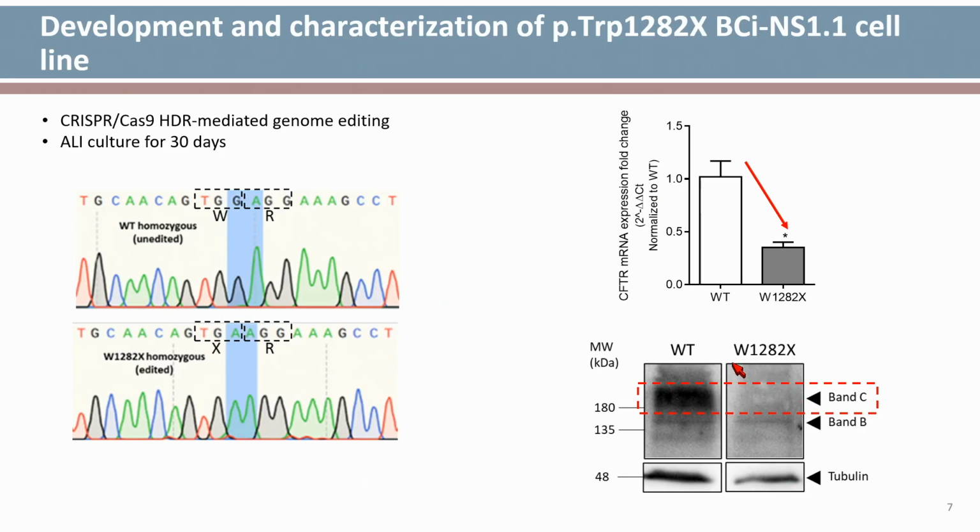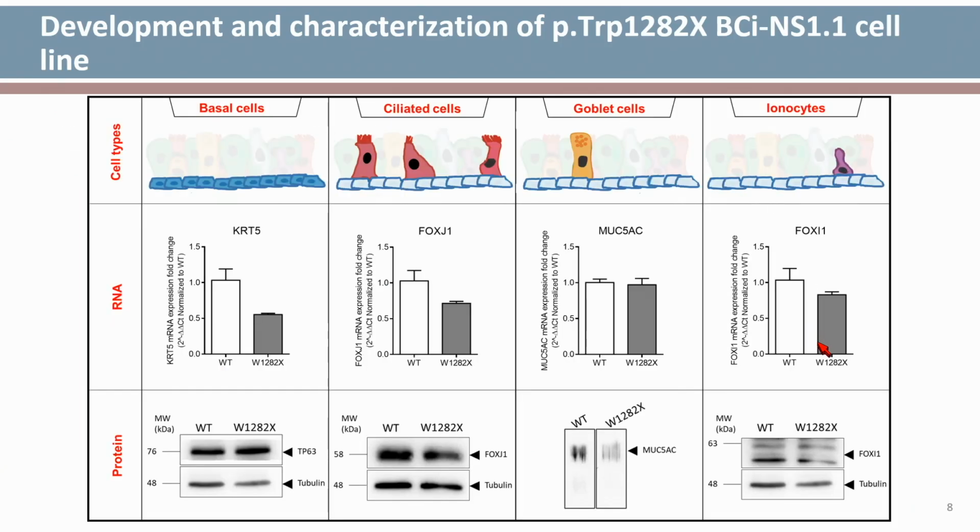Then we also confirmed in this newly created cell model that it still retained the ability to differentiate into the different cell types. We cultured the cells in ALI for 30 days, and then we assessed markers for basal cells, keratin 5, ciliated cells, FOXJ1, goblet cells, MUC5AC, and ionocytes, FOXI1.